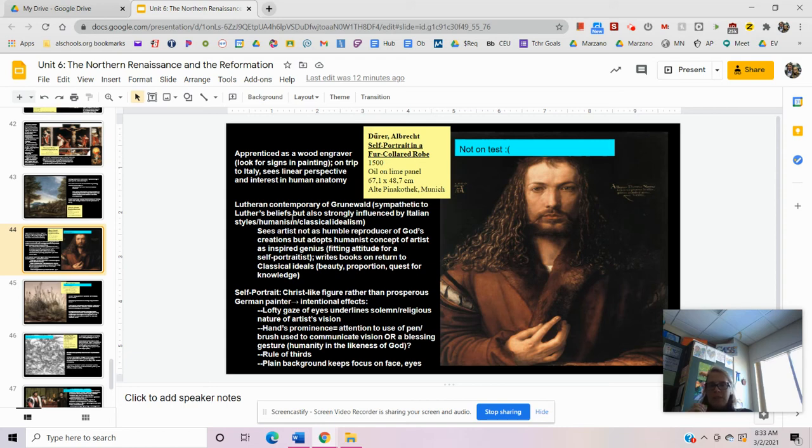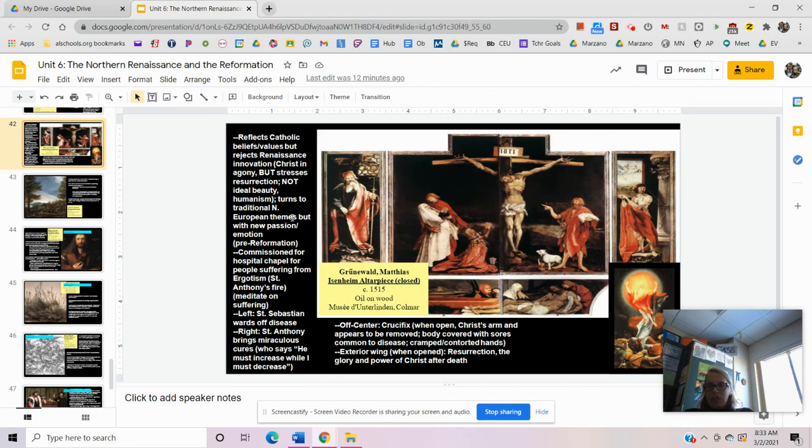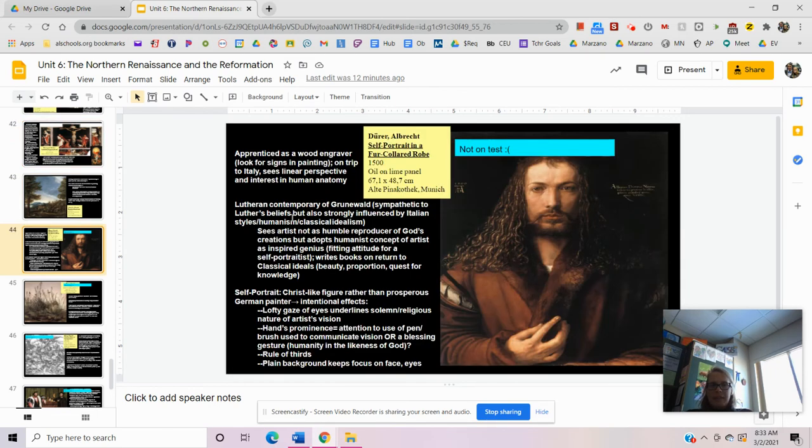So he believed in what Luther argued and challenged this type of painting, Grunewald's paintings, with this natural or even portraiture type of painting. He liked the humanist style of the Italian Renaissance, but his message is different. So he uses their strategies, but the subject matter is the major change.